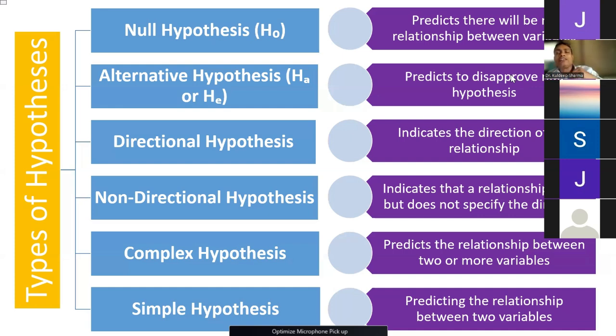It should be called a working hypothesis. Now, a working hypothesis can be set as a directional hypothesis or non-directional hypothesis, or simple hypothesis or complex hypothesis. So in short, there are only two types of hypothesis, null and alternative.